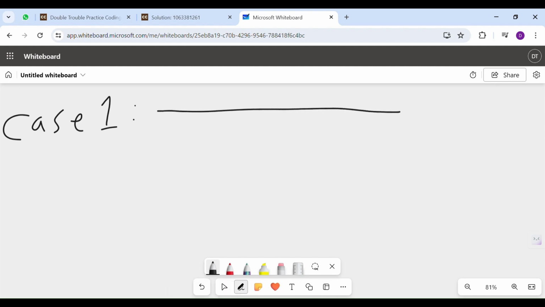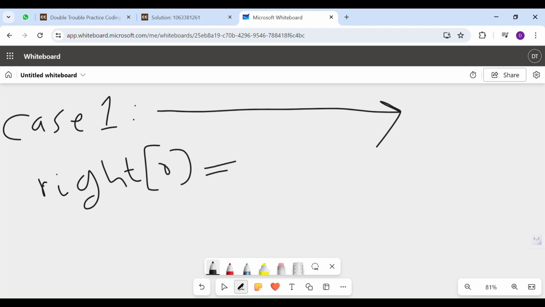Case 1 is complete right. So I will have to start with the zeroth ball and go completely right. So I will have to check right of 0.